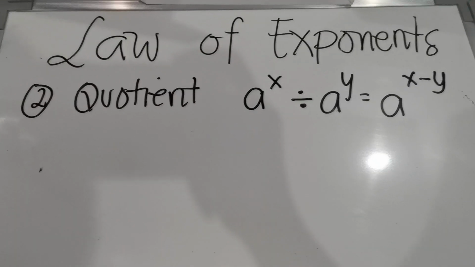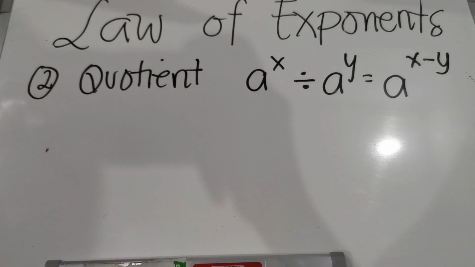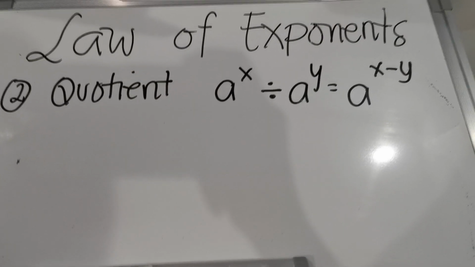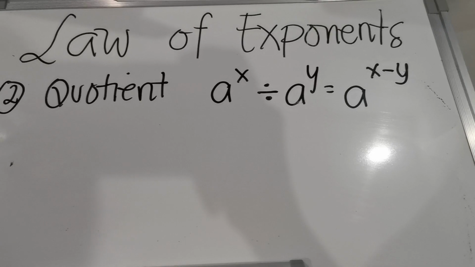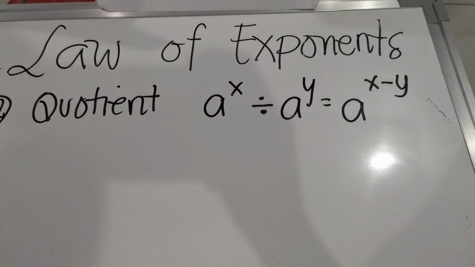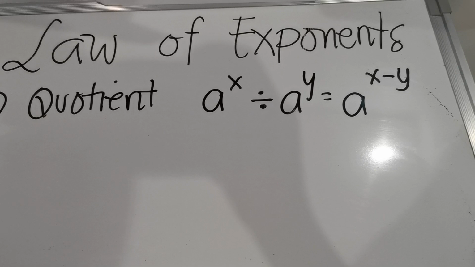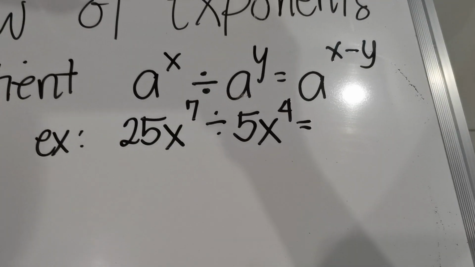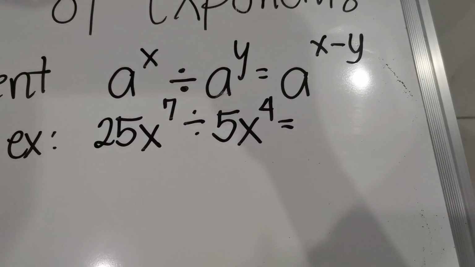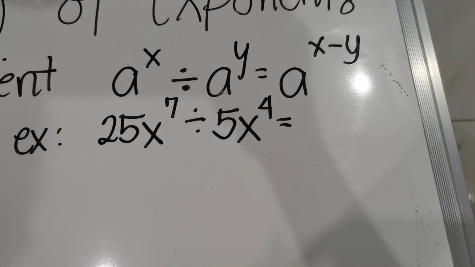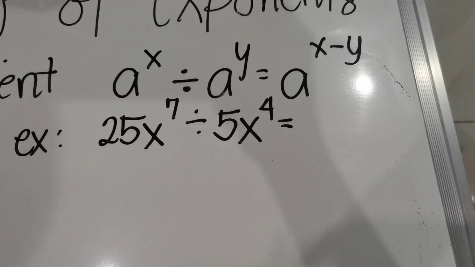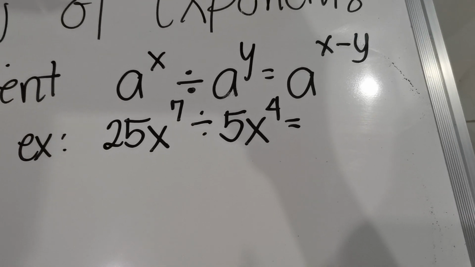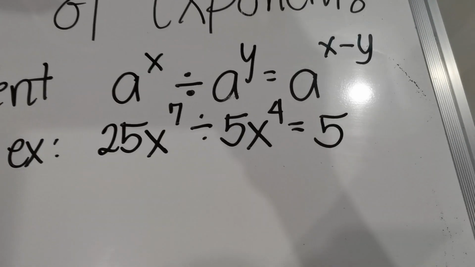The second law na pag-uusapan natin is the quotient law. In this case, a raised to x divided by a raised to y, that is equal to a raised to x minus y. So, isusubtract lang natin yung kanilang exponent if and only if pareho sila ng base. So, suppose we have this given 25x to the 7 divided by 5x to the 4th. Pansinin pa rin natin yung ating numerical coefficient. 25 divided by 5 is 5, correct?